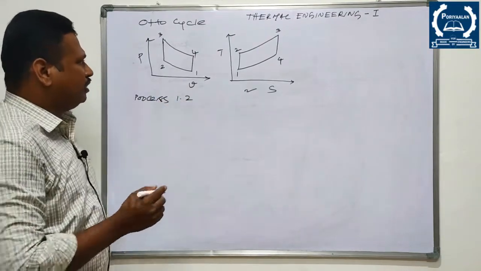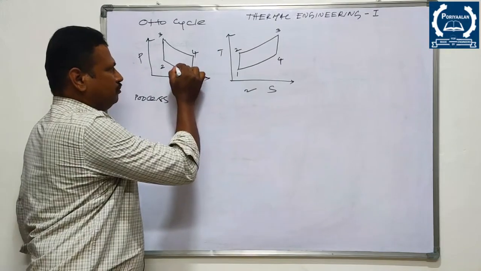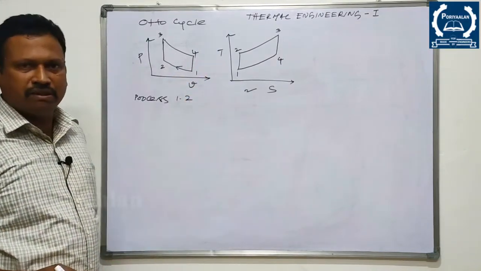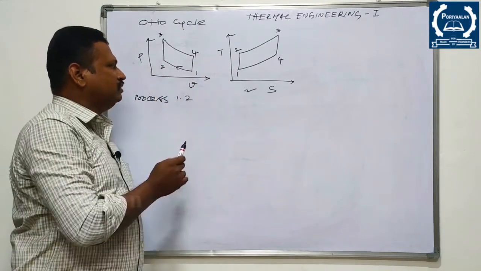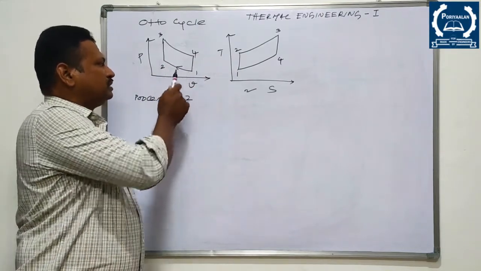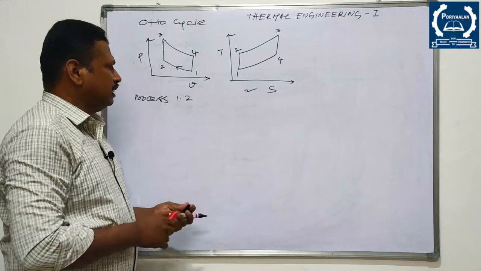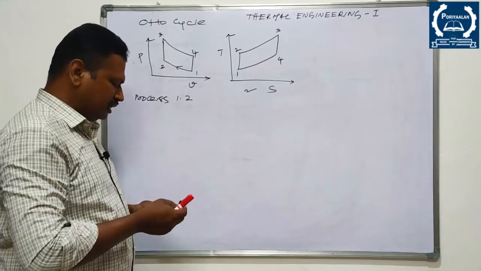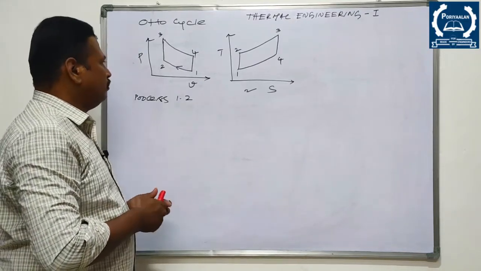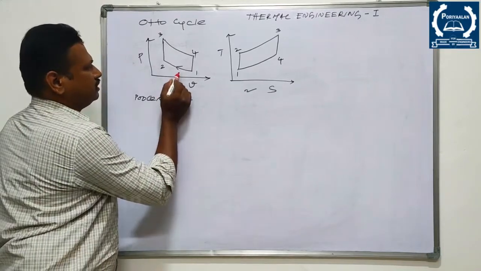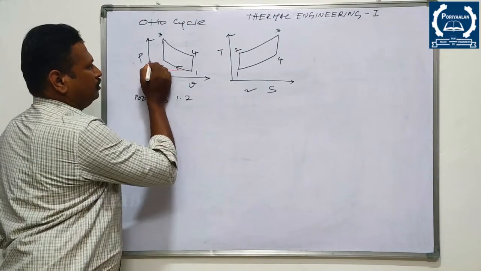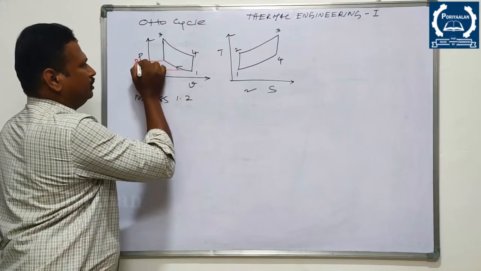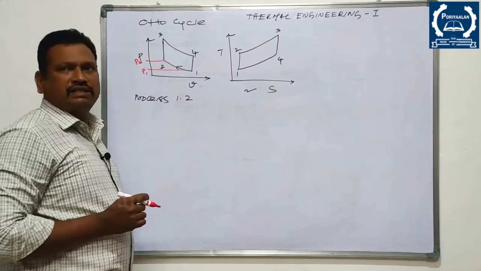See, I wanted to name this process. First, let me refer to the PV diagram. So what happened to pressure? You can see that in this diagram, pressure increases. This is P1. This is P2. That means pressure increases.